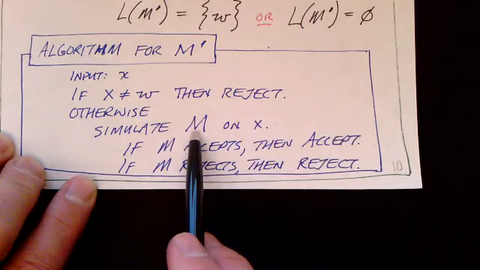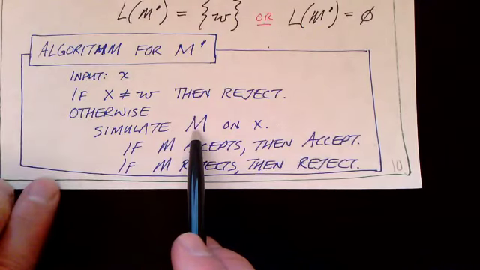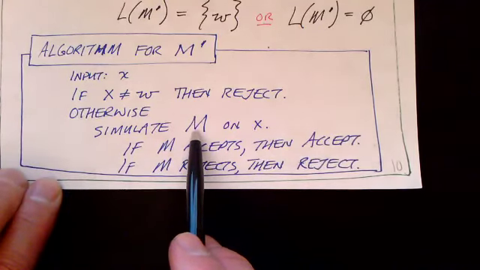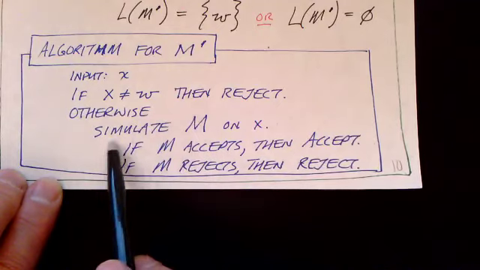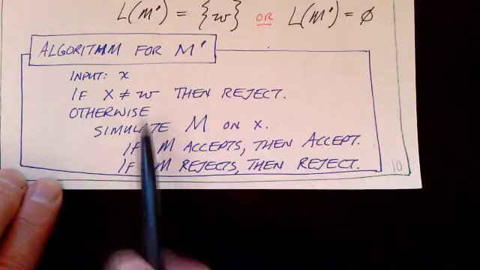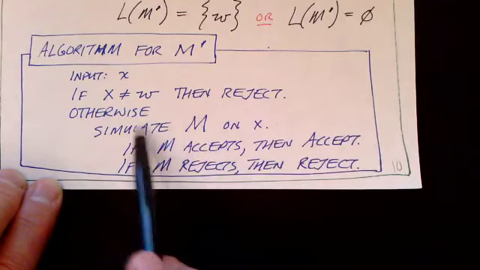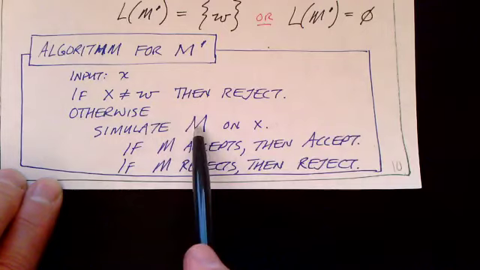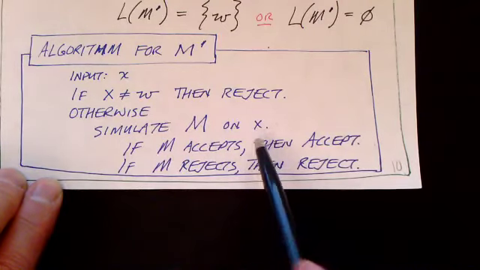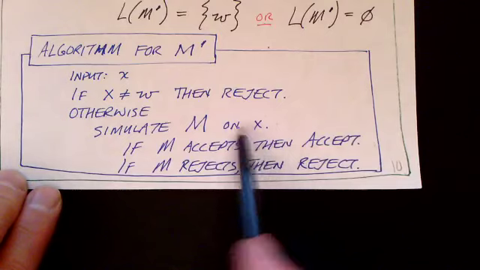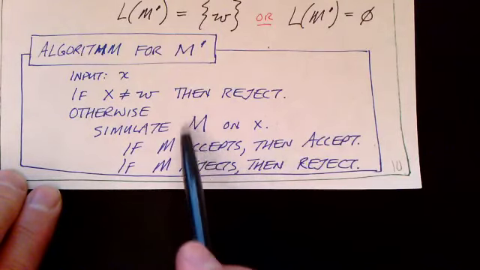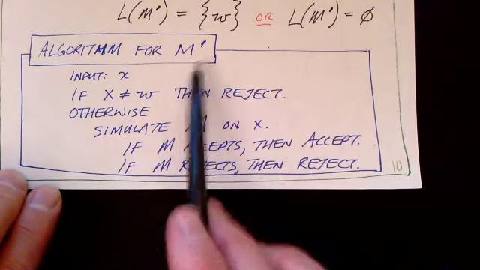Right? So remember, S is constructing Turing machine M prime. It's not running it, it's constructing this Turing machine. Okay? And M prime first checks its input to see if it's W, and if it is W, then it simulates M on X. It passes control to M. So we include the description of M in the description of M prime.